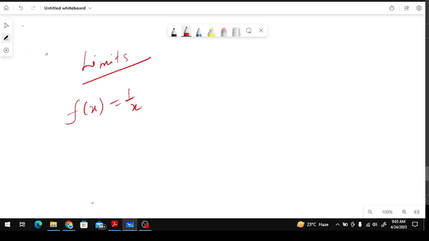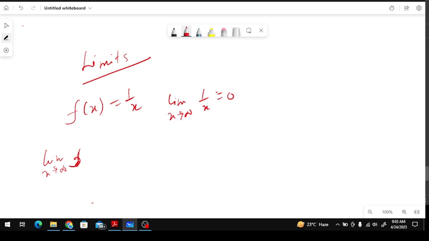We can write f(x) as the limit as x tends to infinity of 1 over x. If I write the limit as x tends to infinity of 1 over x, it should be 0.